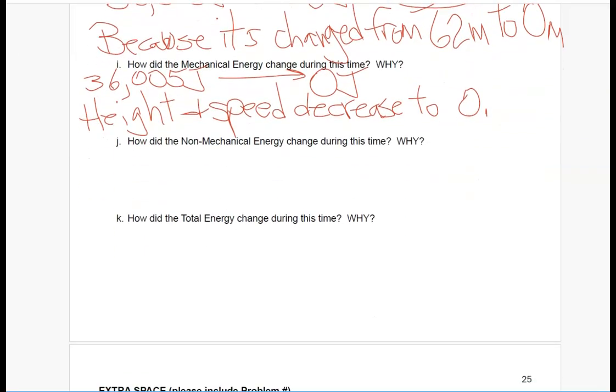Part J says, how did the non-mechanical energy change during this time? Well, we don't have a way to calculate non-mechanical energy directly, but we know that if all our mechanical energy went to 0, it had to go somewhere, and where it went to was the non-mechanical energy. So we know we had this much energy before it hit. Well, that much energy is pretty much going to be turned into non-mechanical energy. So how did it change? Well, it went from 0, or essentially 0.